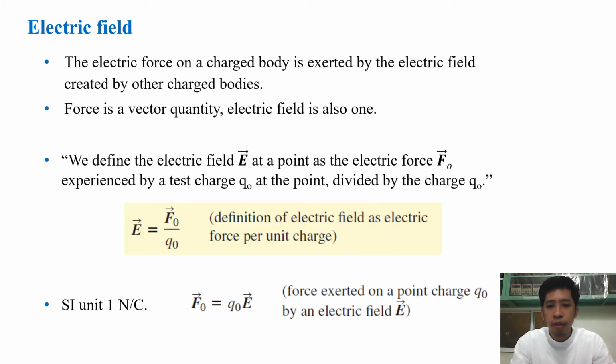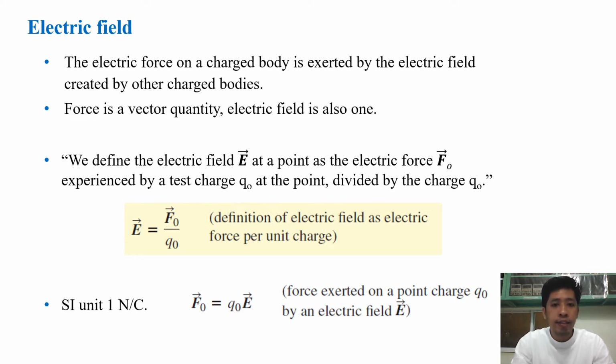From the previous definition of the electric field, you see that the electric force on a charged body is actually exerted by the electric field created by other bodies. You cannot have an electric force without the electric field created by other charged bodies. Force is a vector quantity, therefore the electric field is also a vector.